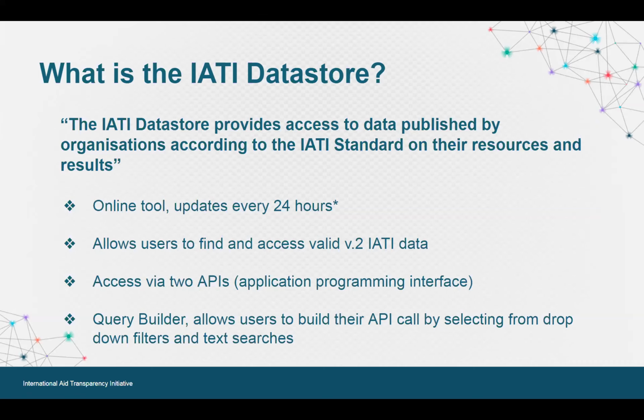And the Datastore offers two ways to access this IATI data. The first one is the core Datastore API. For this, technical users can return IATI data from across all data fields, referred to as elements, of the IATI Standard by using the Datastore's Django API.